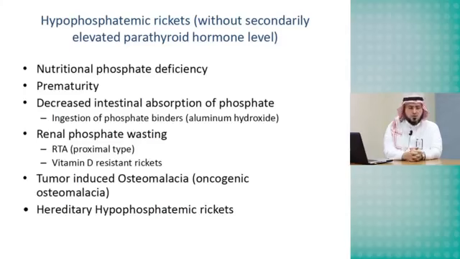Tumors, cancer, oncology can lead to something called oncogenic stimulation. There is phosphate loss in the urine because of an increased substance called parathyroid hormone related peptide produced from the cancer cells themselves. This increase in parathyroid hormone related peptide leads to increased urinary loss of phosphate, and that leads to hypophosphatemic rickets.